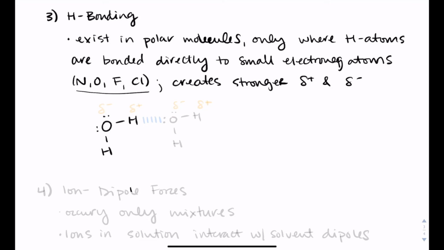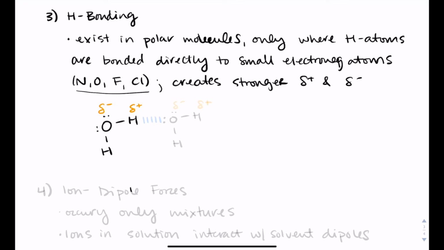So water has hydrogen bonding. The hydrogen bonding is responsible for a lot of the weird properties that water has compared to other solvents and other similarly structured things. The oxygen has the partial negative, the hydrogen has the partial positive.